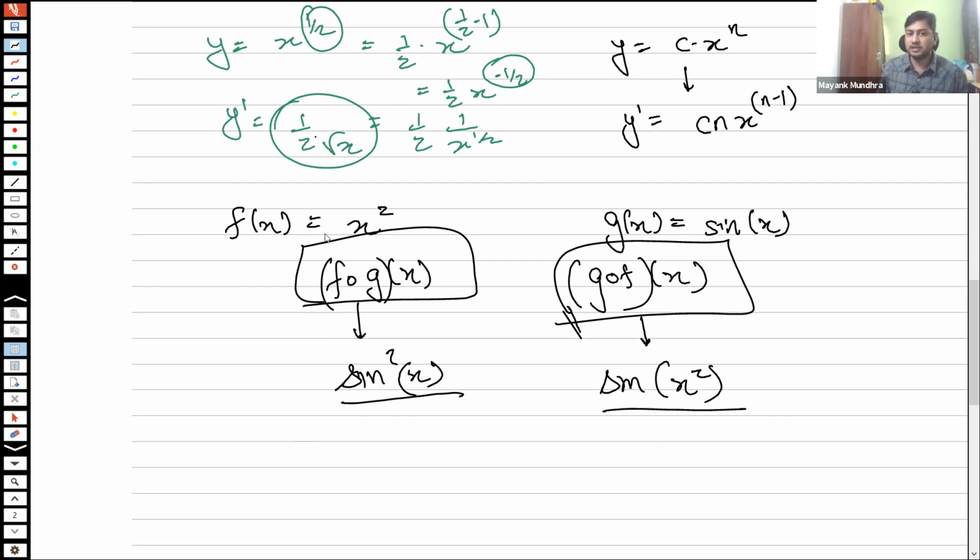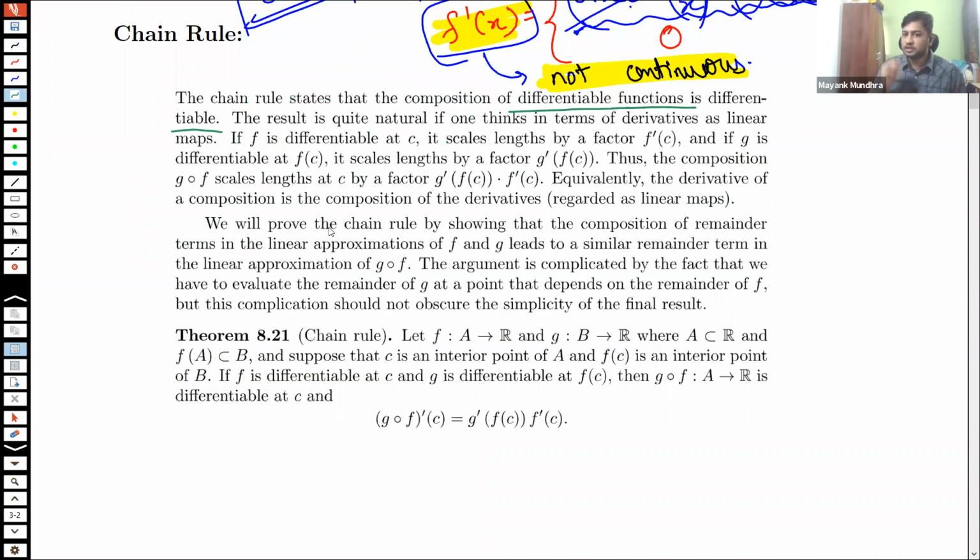What this theorem is saying is that if you take two differentiable functions and take a composition, this composition is going to be differentiable as well. Moreover, if f is differentiable at c, it scales lengths by a factor of f prime at c.